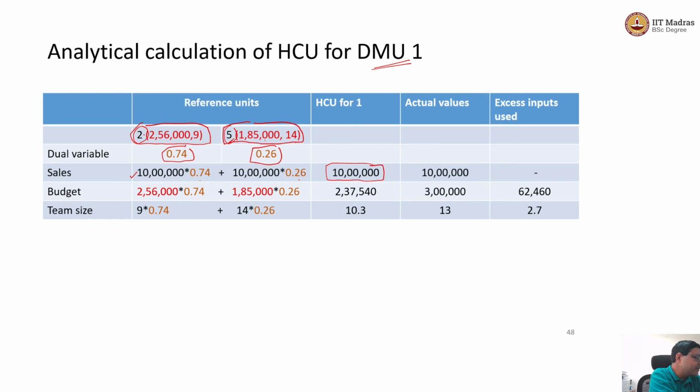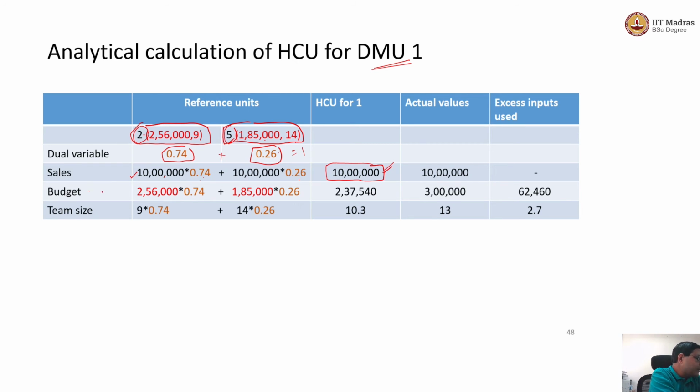And you realize that 0.74 plus 0.26 is actually 1, and therefore 10 lakhs into 0.74 plus 10 lakhs into 0.26 is going to return the same 10 lakhs. What is the implication? We are saying that when DMU1 wants to be called an efficient DMU, it still has to report sales of 10 lakhs. That is what we mean by this.